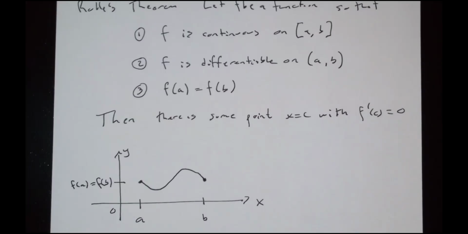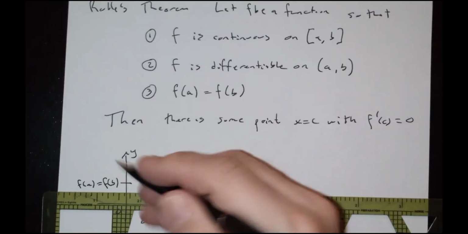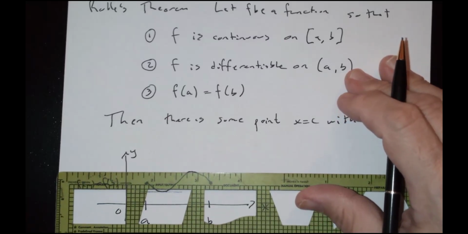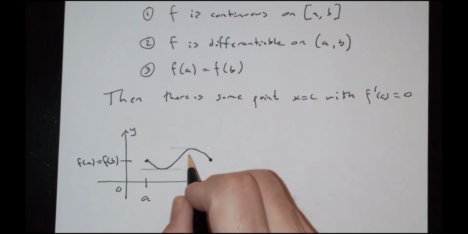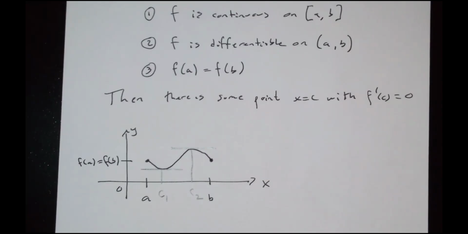In this case, there are two of them. Somewhere around here and somewhere around here. No matter what picture you draw, there must be a spot somewhere between A and B that has a horizontal tangent line.